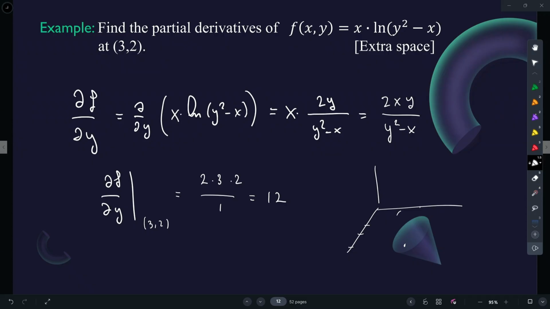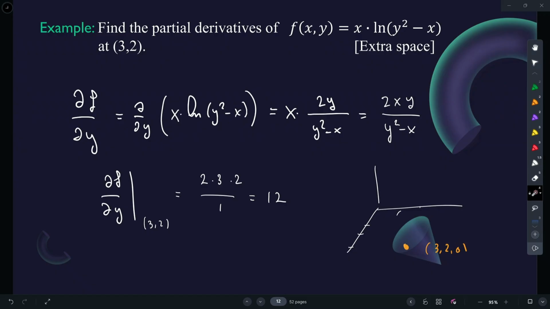It's 0, so it is this point right here. It's the point 3, 2, 0. If you evaluate f at 3, 2, this is 1, so the logarithm of the whole thing is 0. Okay, so it is the point 3, 2, 0 in the graph.